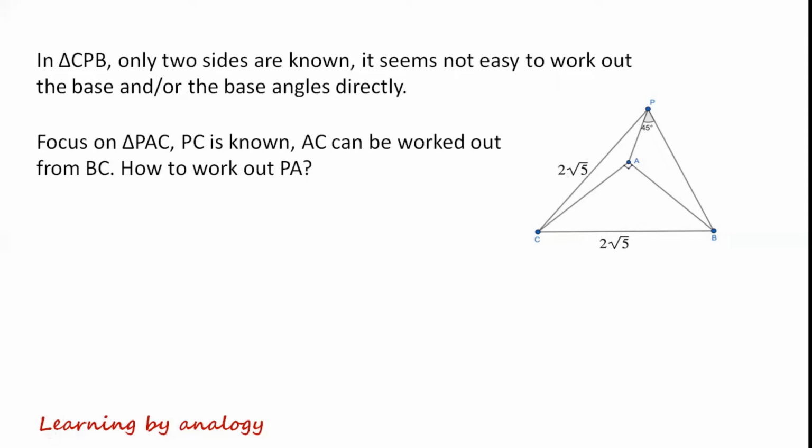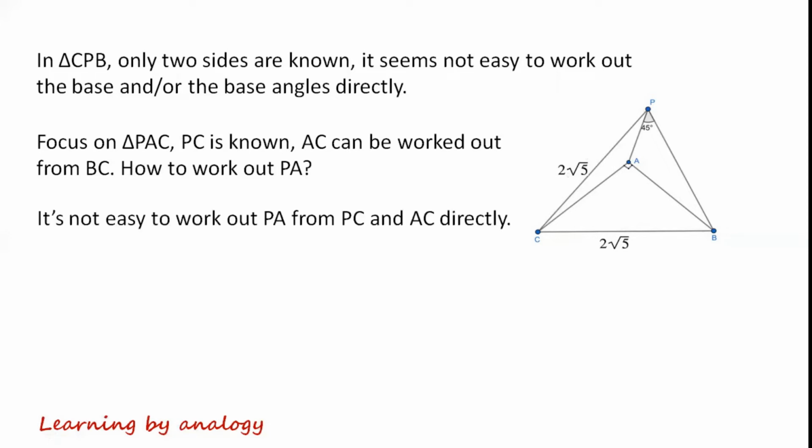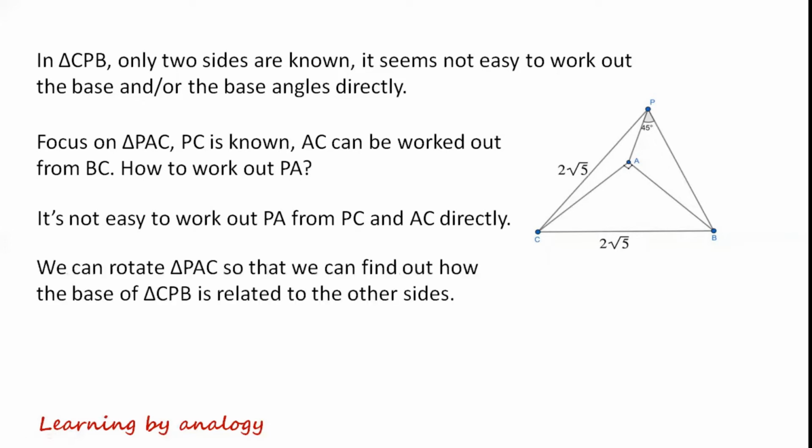How to work out PA? It's not easy to work out PA from PC and AC directly. We can rotate triangle PAC so that we can find out how the base of triangle CPB is related to the other sides.